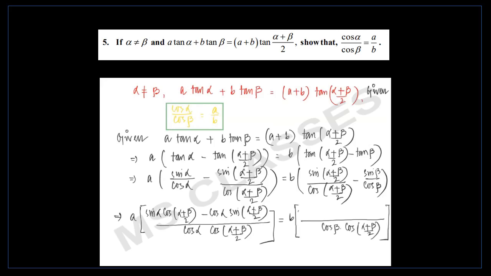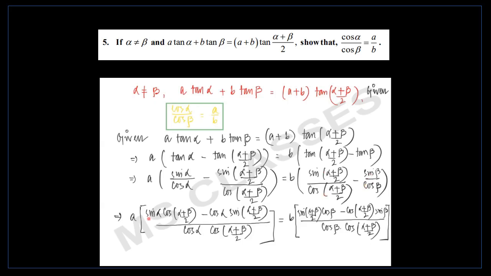Then sine of (alpha plus beta) by 2 into cos beta minus cos of (alpha plus beta) by 2 into sine beta.